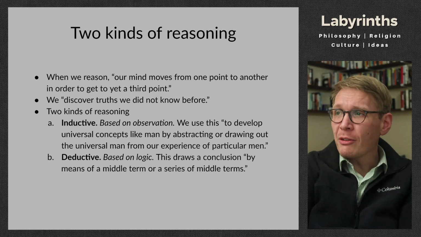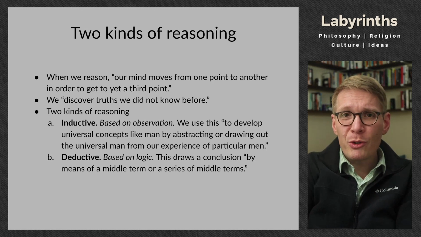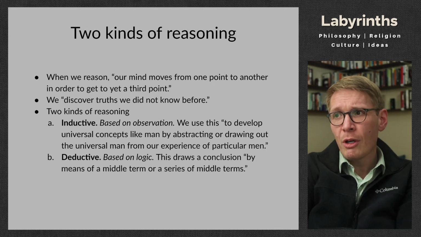In reasoning, Hauser gives us this: our mind moves from one point to another in order to get to yet a third point. Hauser, I believe, here is thinking about the structure of what we will call a syllogism. And we'll introduce this in just a moment. This will be our basic structure of logical argument in what remains of this course.